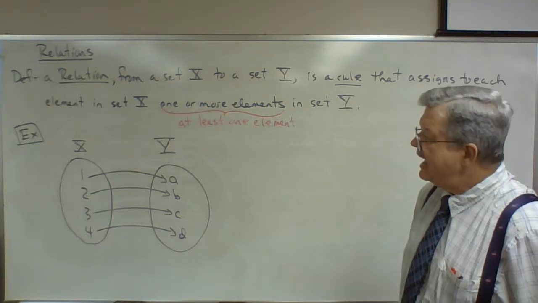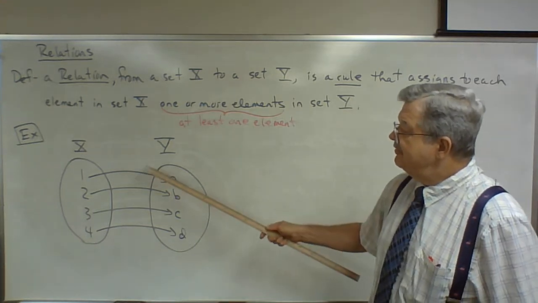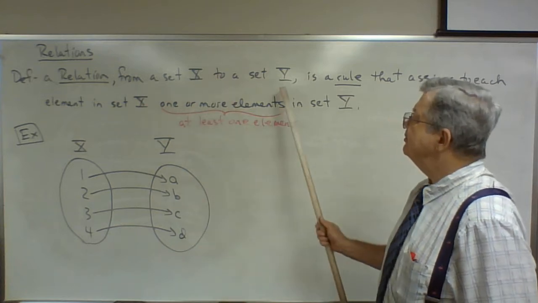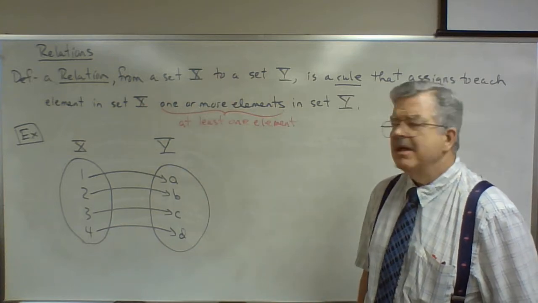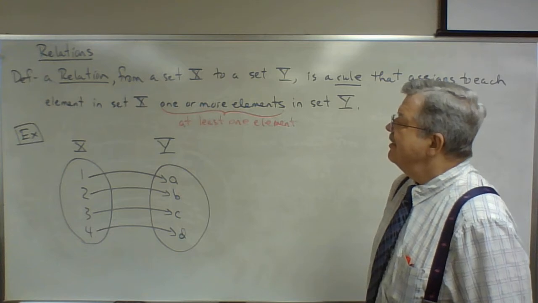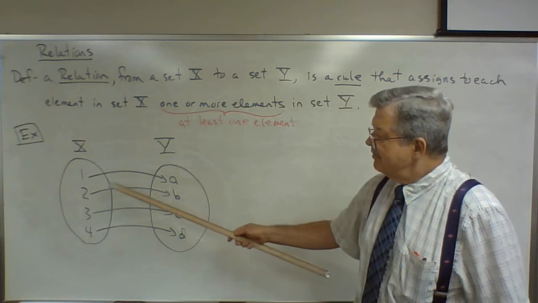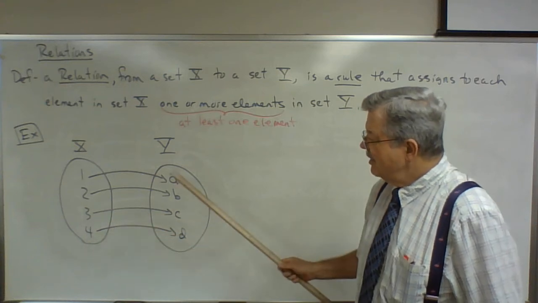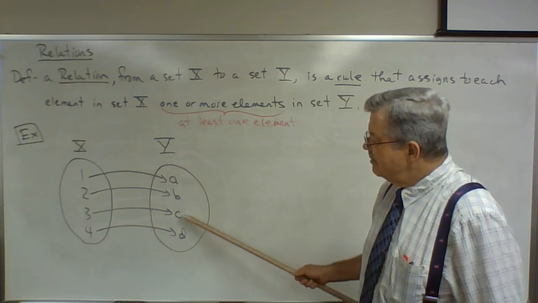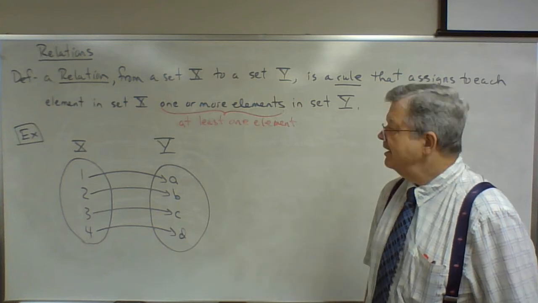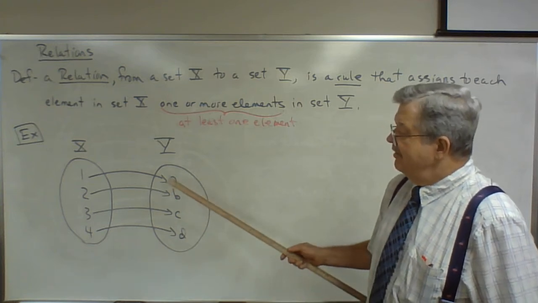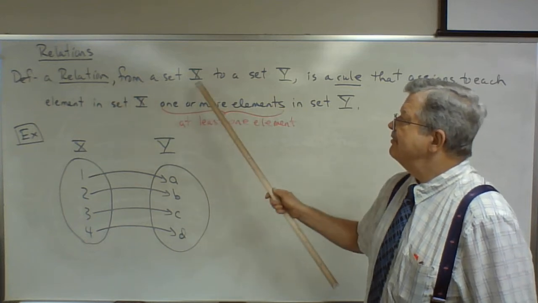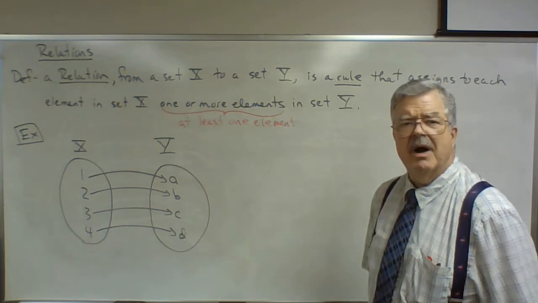So we can say that this diagram depicts a relation from set x to set y because this diagram assigns to each element of set x at least one element from the set y.